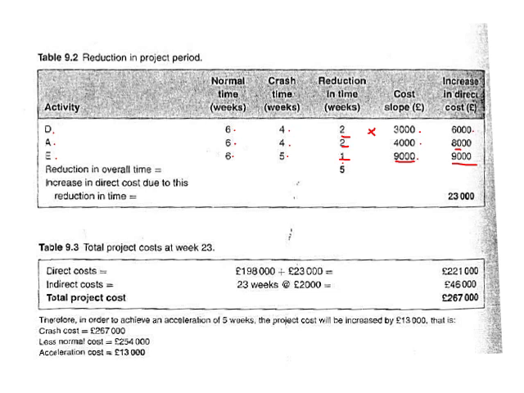So reduction in overall time, we've decreased our project with 5 weeks, and it had an additional cost of 23,000 pounds. Okay, so just doing that calculation, your direct cost is thus 98,000 plus 23,000 to give you a new direct cost, and then your indirect cost is now, instead of 28, it's now 23 times 2,000, which is 46,000, and then it is those two together.